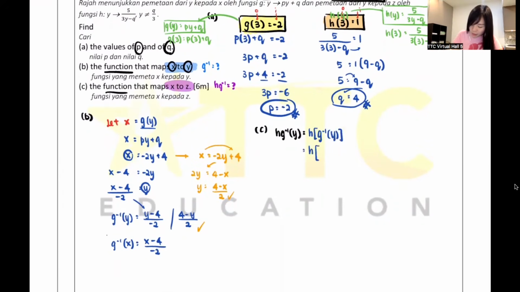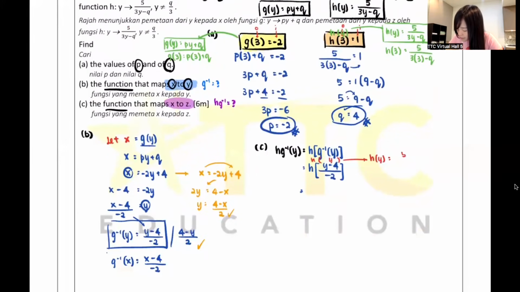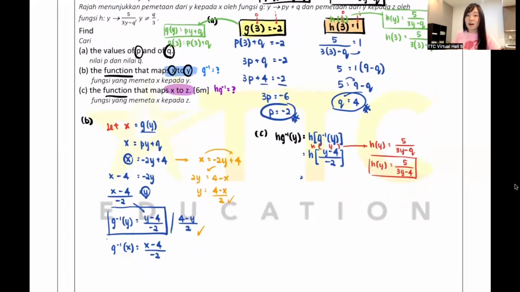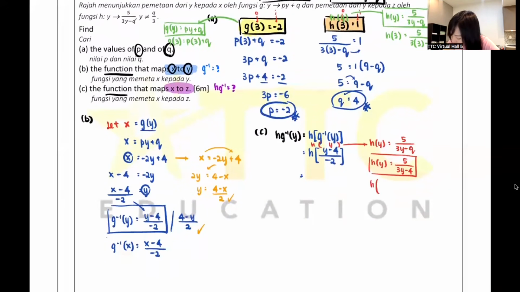So G inverse y, just now I got it. Isn't it y minus 4 over negative 2? Then from here, how do we continue? I repeat again, this one's full name is H of y. So H of y equals 5 over 3y minus q. But guys, you already know your q answer is 4. I saw 4 inside. Can you see? Then now you want to do H of y minus 4 over negative 2.